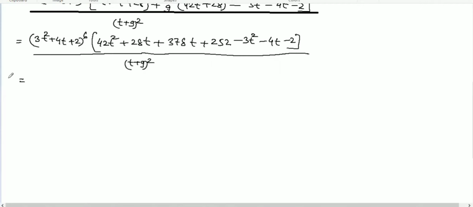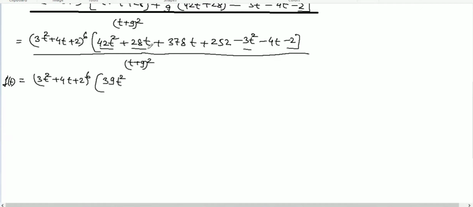So this is our f prime of t we are finding here. So 3t square plus 4t plus 2 whole to the power 6, and then see the like terms. t square is there, 42t square minus 3t square, so we have here 39t square.